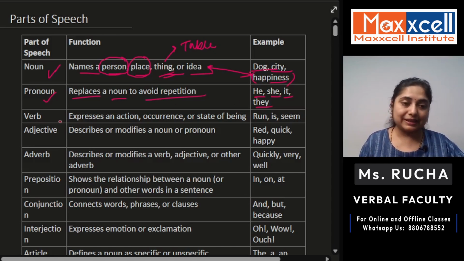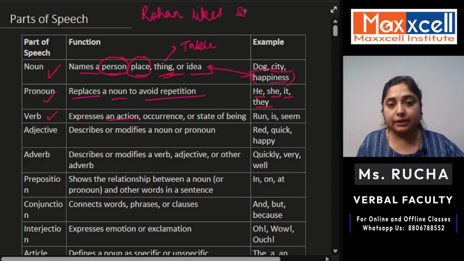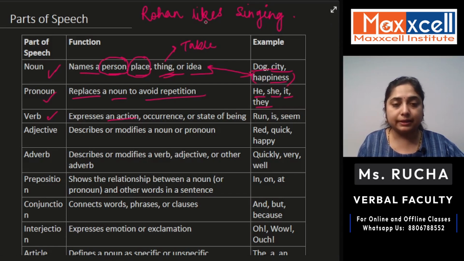So let's move ahead. Next is verb. Verb is what? Verb is an action. The first example that we took, Rohan likes singing, let's say. Right? Rohan likes singing.